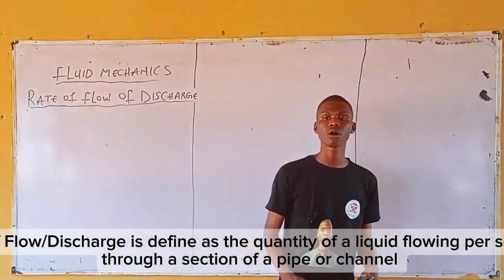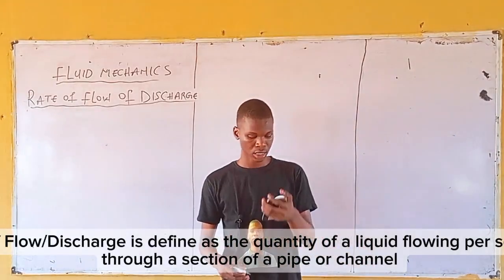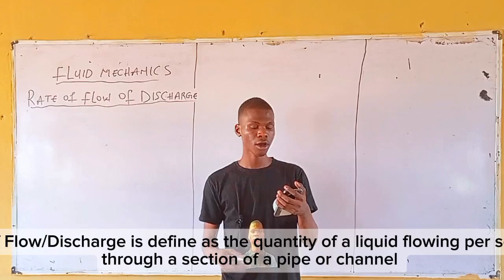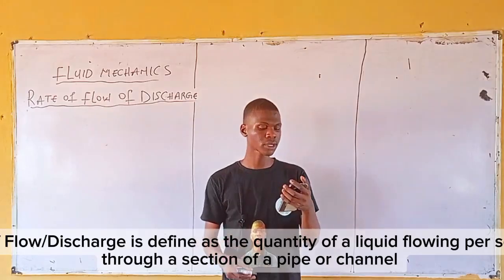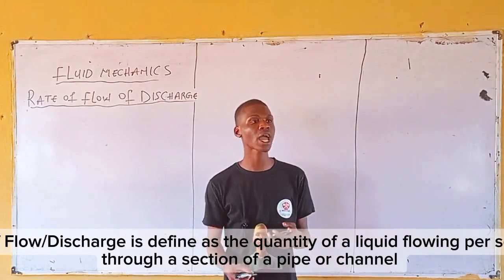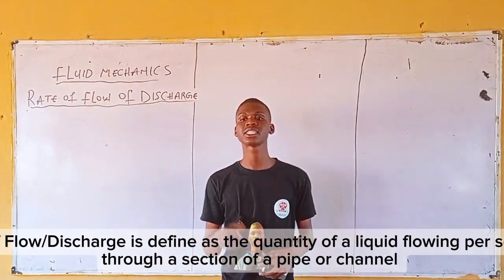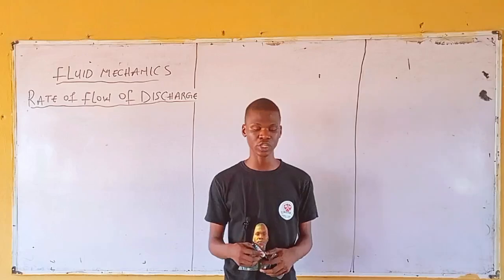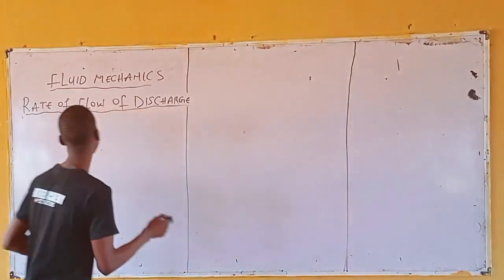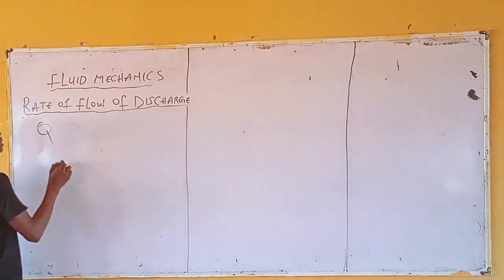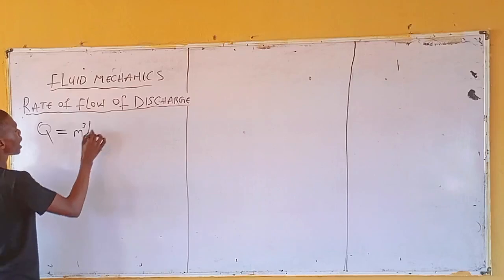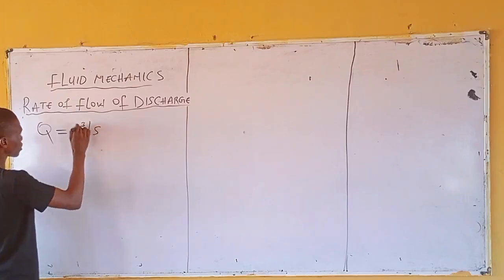It is generally denoted as Q. Meaning that your rate of flow is denoted as Q and the unit is meter cube per second or liters.